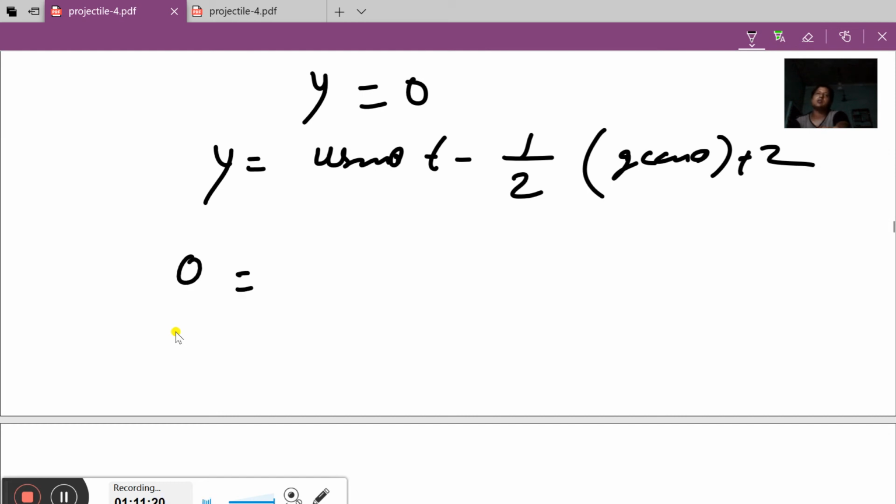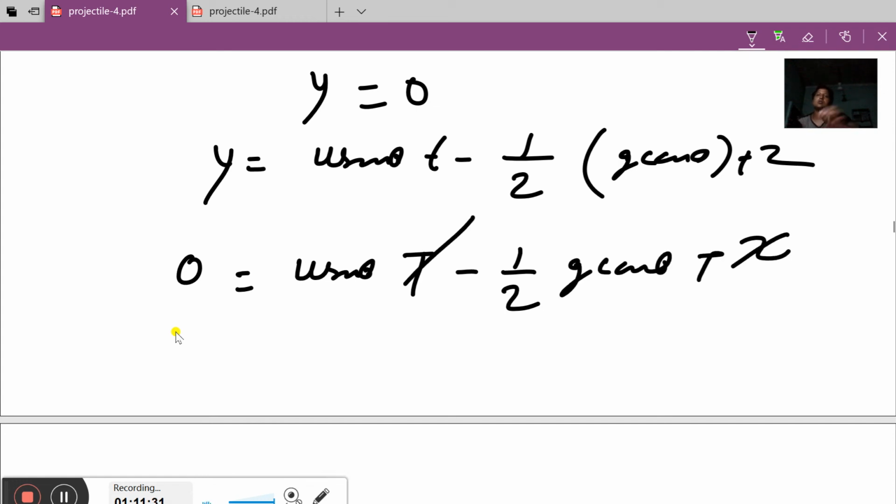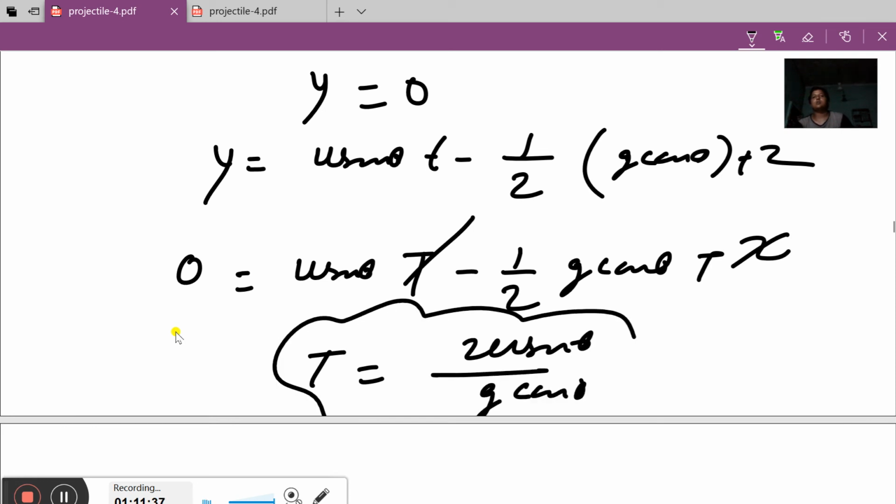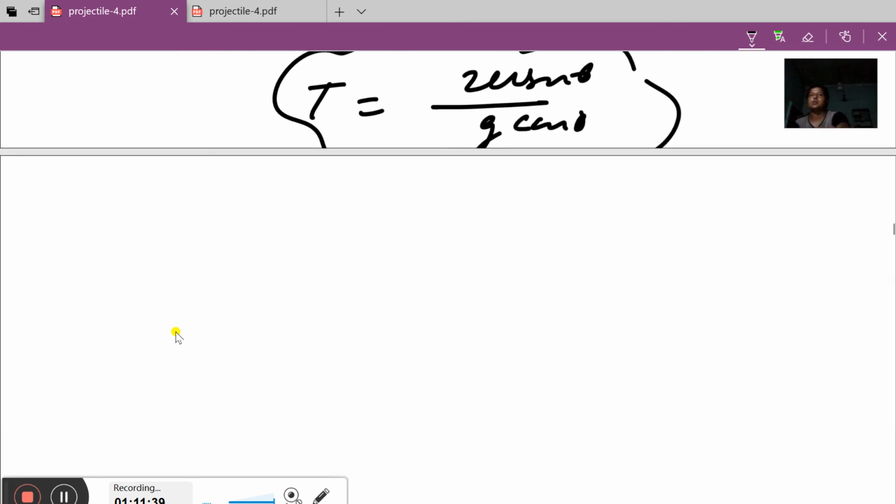So y is 0: u sin theta t is the time of flight minus half g cos theta into t square. One t gets cancelled. So t is 2u sin theta over g cos theta.